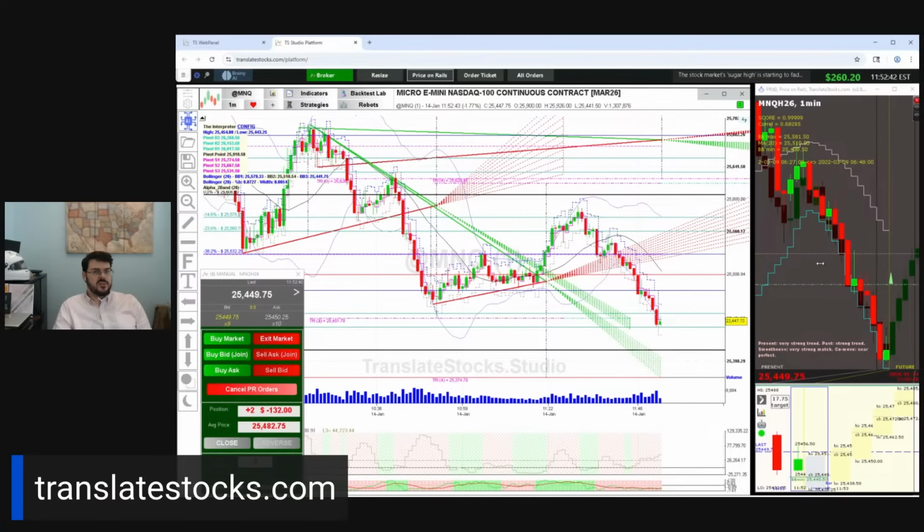This is a remote desktop connection that we have. We are using the dashboard of the Translate stocks. And with the YouTube transmission at the same time, you get some latency. Usually that doesn't happen without the YouTube.